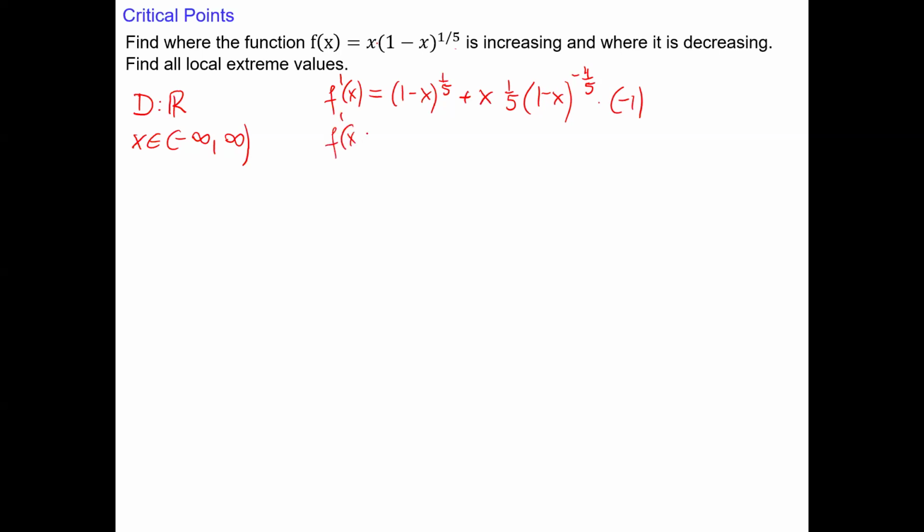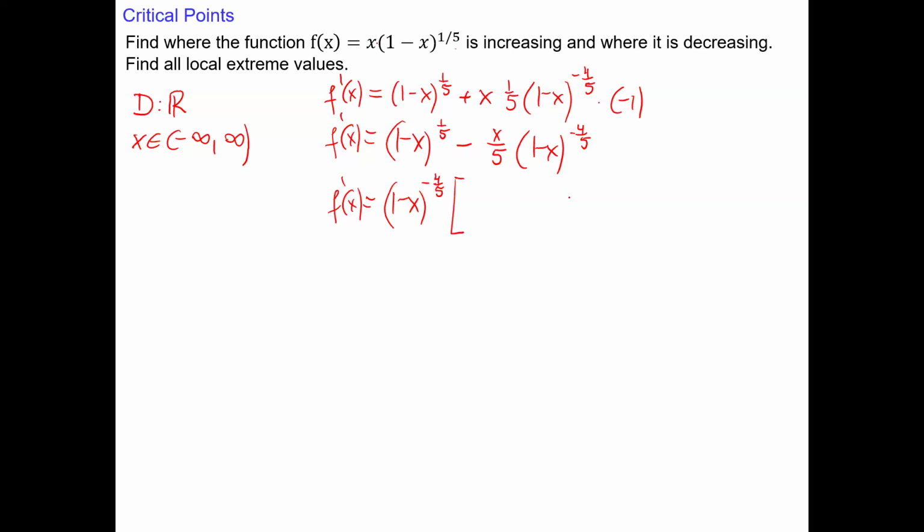Okay, let's clean this. Negative x over 5 possibly, and this. We may see the common factor. Let's factor out the common factor, which is (1 minus x) raised to the power of the lower number, negative 4/5.